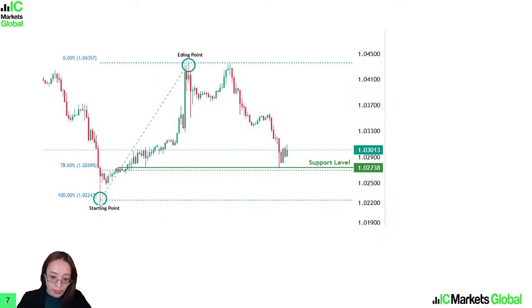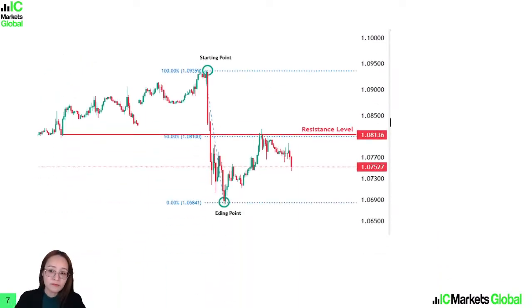The starting point is always 100%, and you plot to the end point, which is always 0, drawing from left to right. This is the last pullback. You can see that when the price reaches 78.6%, it bounces up.